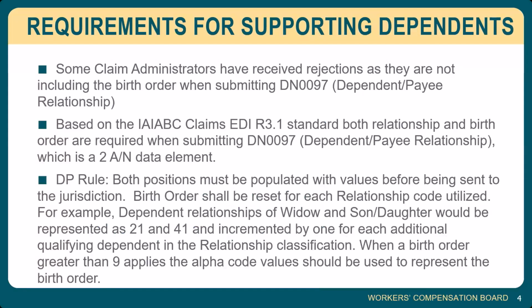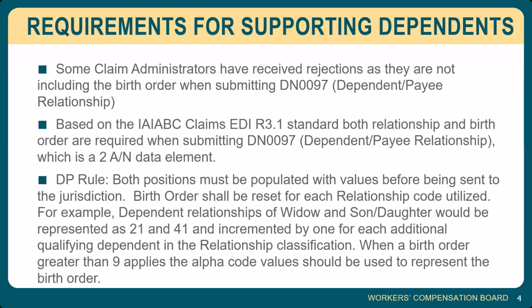This is a 2 A/N data element. Now, the data processing rule is that both positions must be populated with values before being sent to the jurisdiction. Birth order shall be reset for each relationship code that is used.